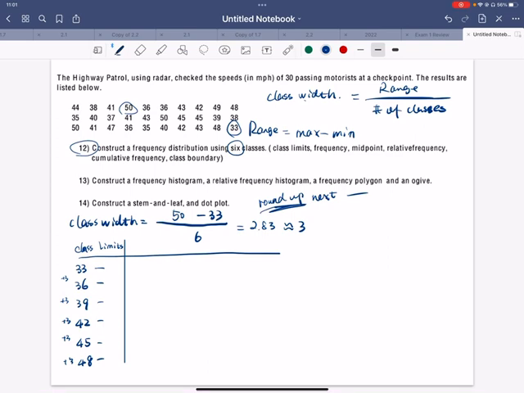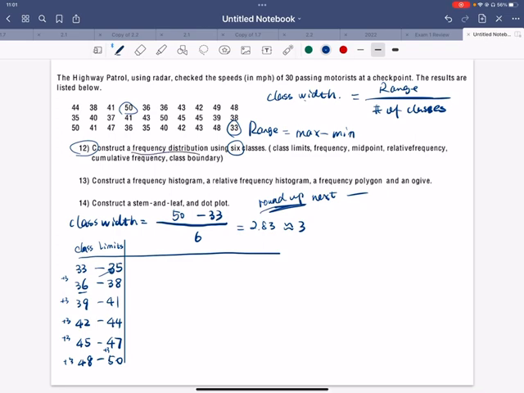Then find the number before the next lower limit to define as the upper limit. So this is a 36, which means the number before should be 35, then 38, 41, 44, 47, and 47 plus 3, I have a 50. There we go, we have the class limits ready.